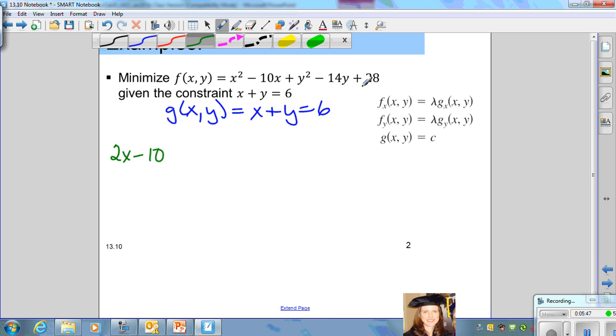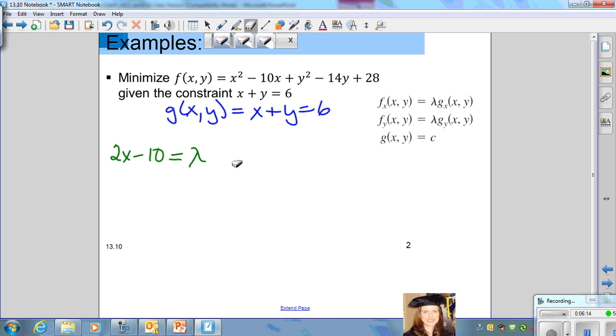We treat the y's as constant, so the rest of that is equal to 0. That has to equal lambda times the partial derivative of g with respect to x, and that's going to be 1. So 2x minus 10 equals lambda.